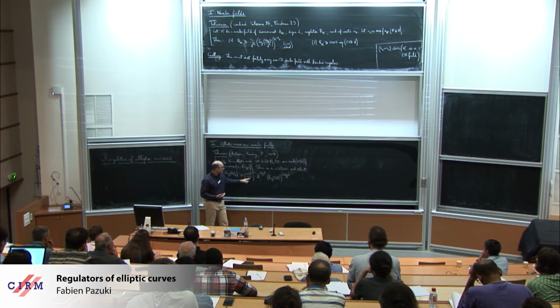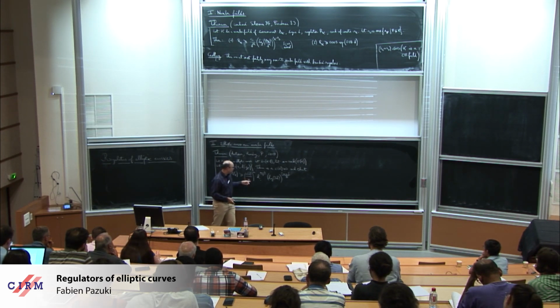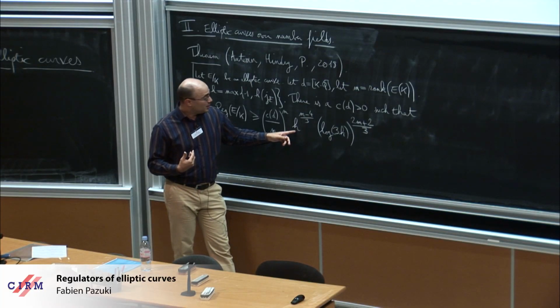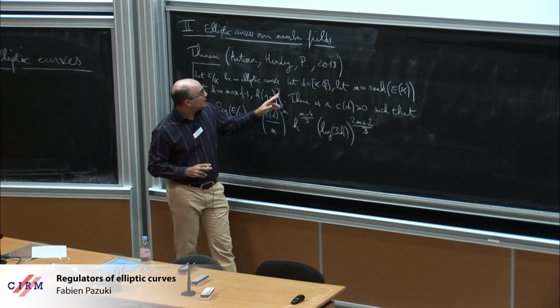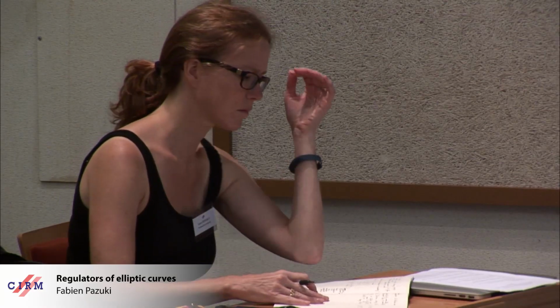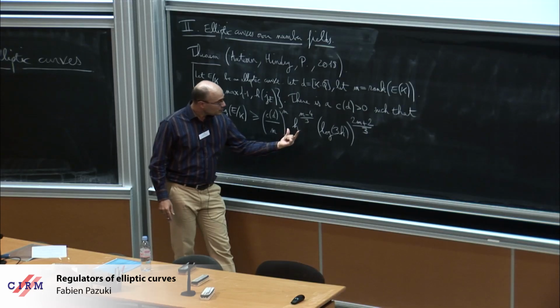So the rank is playing against me because it's exponentially decreasing, but the height is playing for me. And of course, we know that there are only finitely many elliptic curves with bounded height. So here, as we bound the height of the J invariant, there will be K-bar classes. So that's what we target.